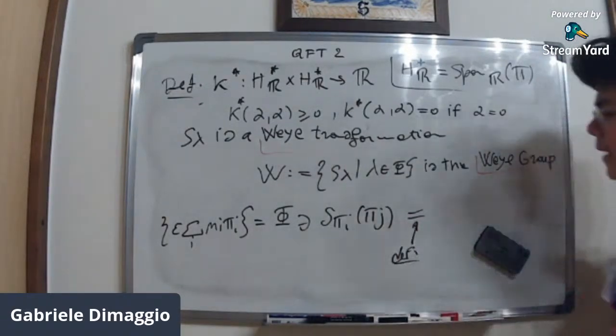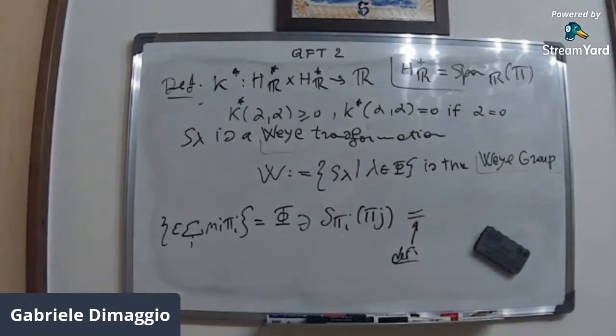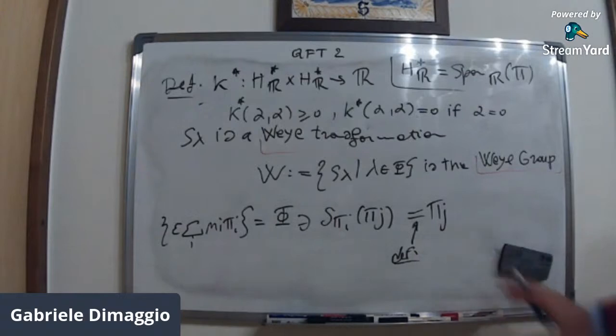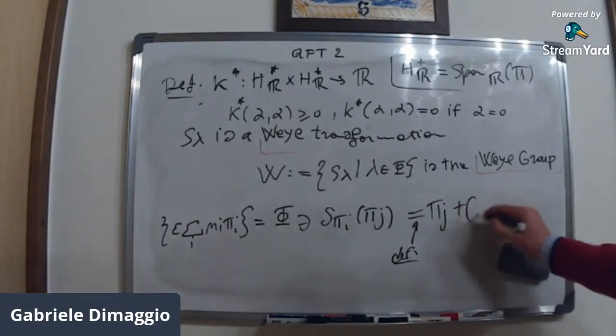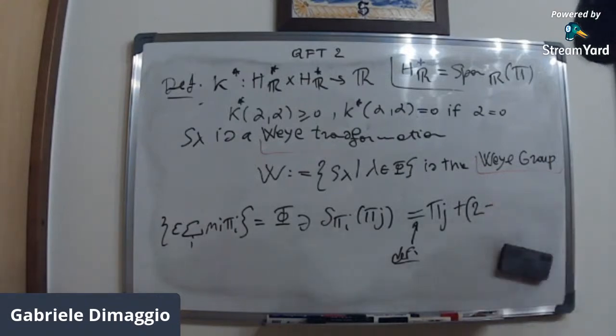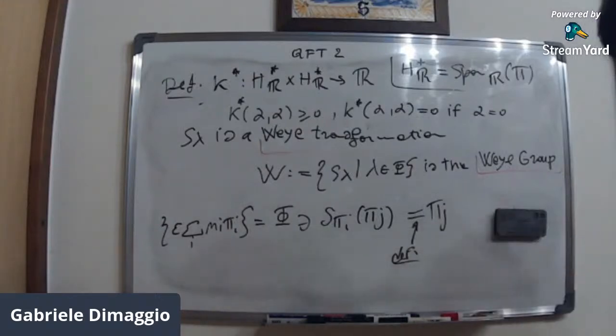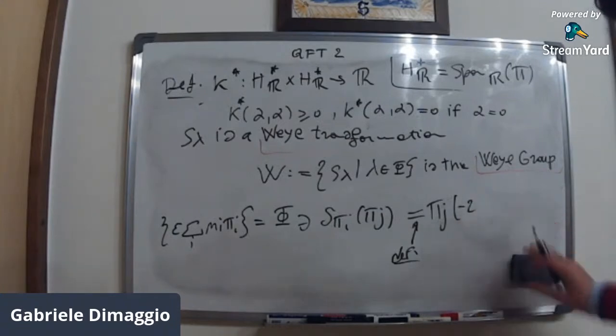Here I have pi_j, and so I have pi_j plus 2 minus 2.